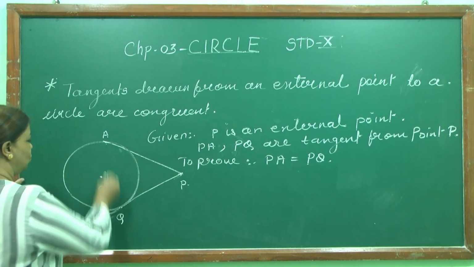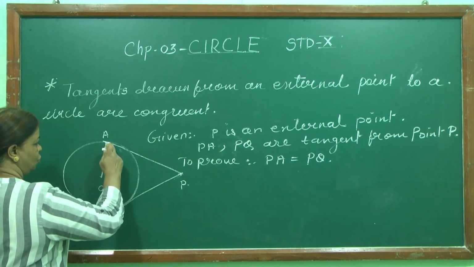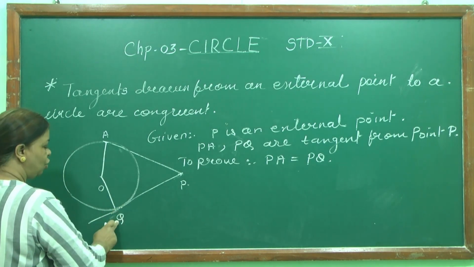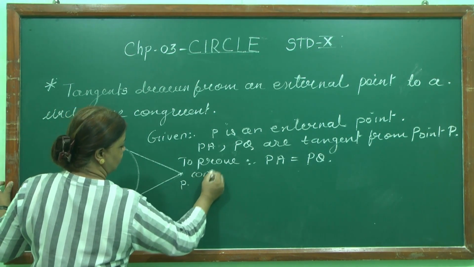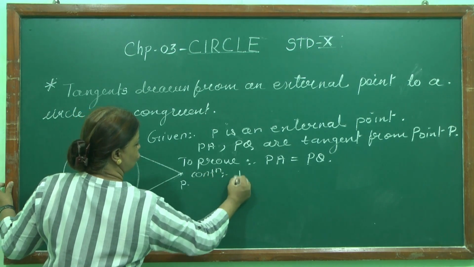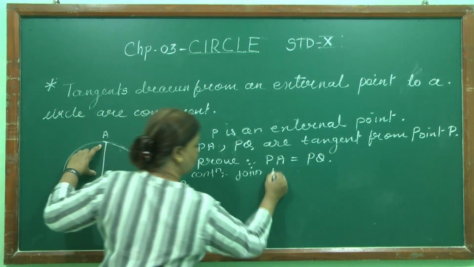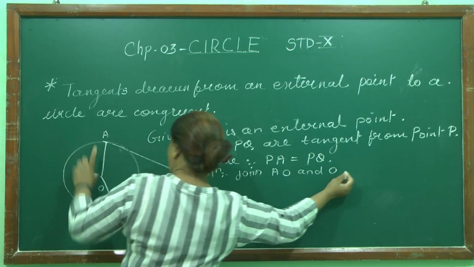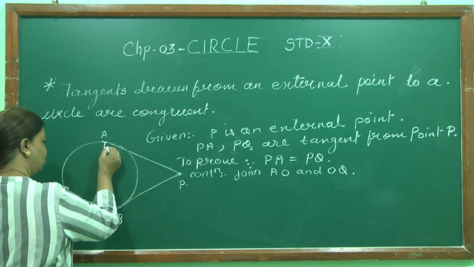So what we will do? We will draw a line joining A and O and a line joining Q and O. Construction. Join AO and OQ.